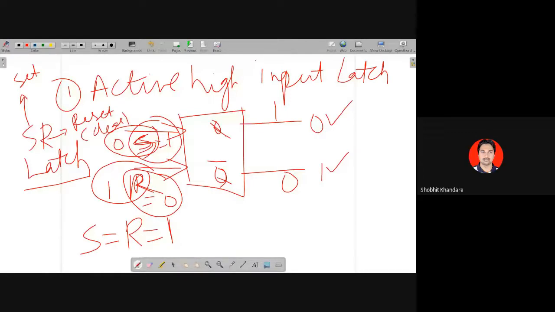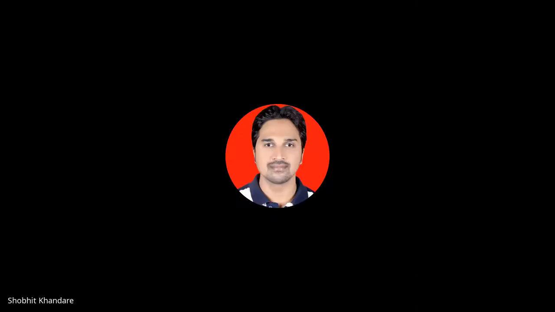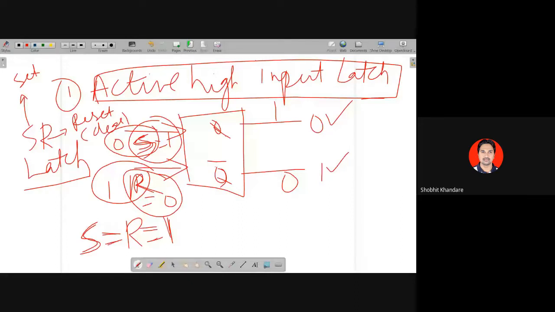Now see here, active high input latch, active high input. Initially your S is equal to R is equal to 1, यानी हमने S को भी 1 दे दिया और R को भी 1 दे दिया.